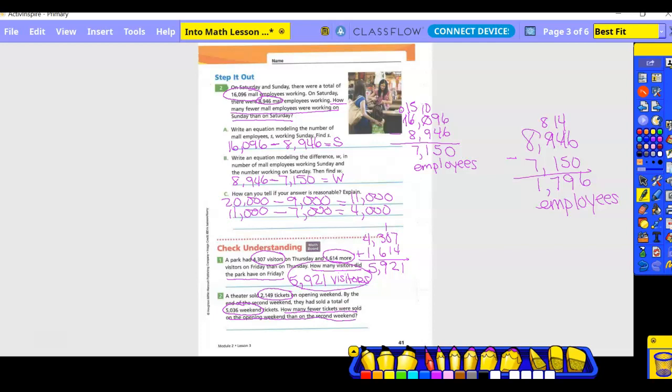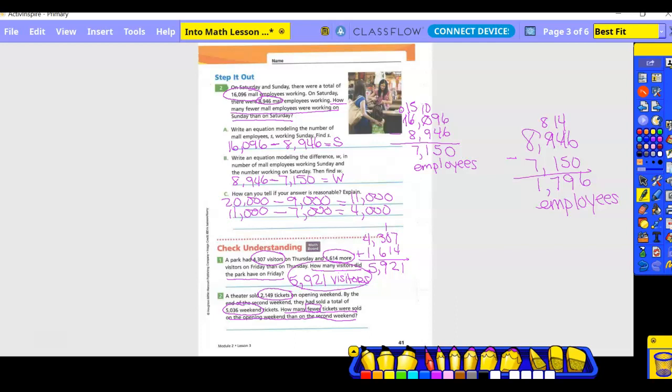Now, am I going to add, subtract, multiply, or divide? Subtract. What word tells us that we're going to subtract? So the fewer part, correct? Yes. So I'm going to put fewer in a box because that tells me that I'm going to subtract.